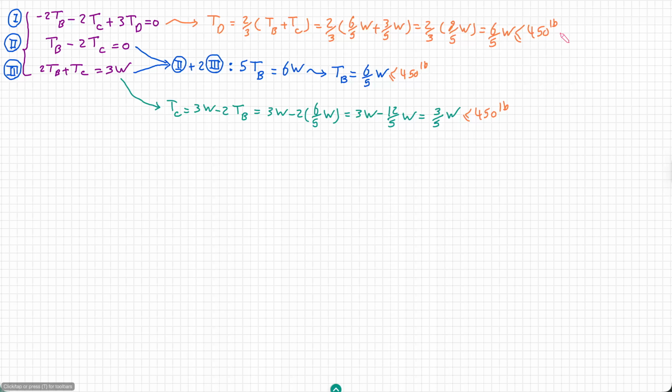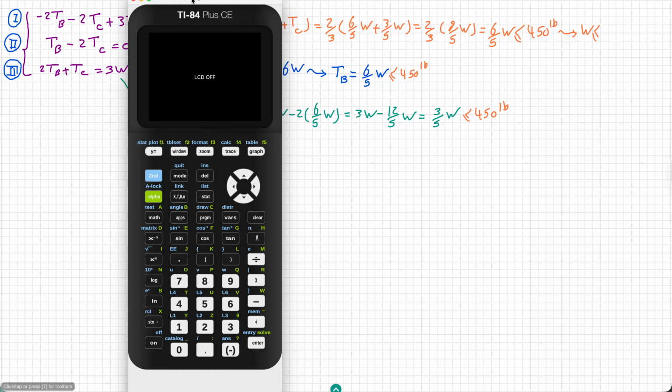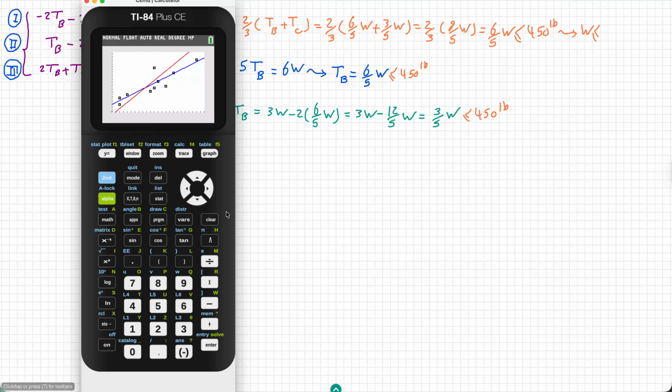So if I simplify this, I get W must be less than 450 divided by 6, times 5. Using my calculator, that is 375 pounds.